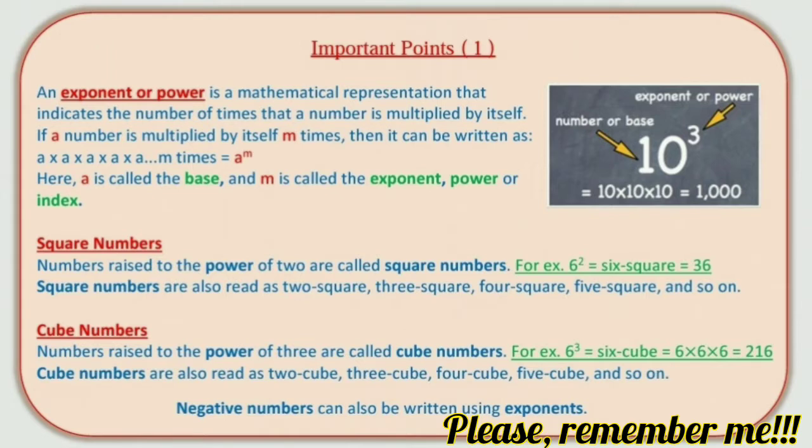For example, 6 raised to 3 is equal to 6 cube, is equal to 6 into 6 into 6, is equal to 216. Cube numbers are also read as 2 cube, 3 cube, 4 cube, 5 cube and so on. Negative numbers can also be written using exponents.